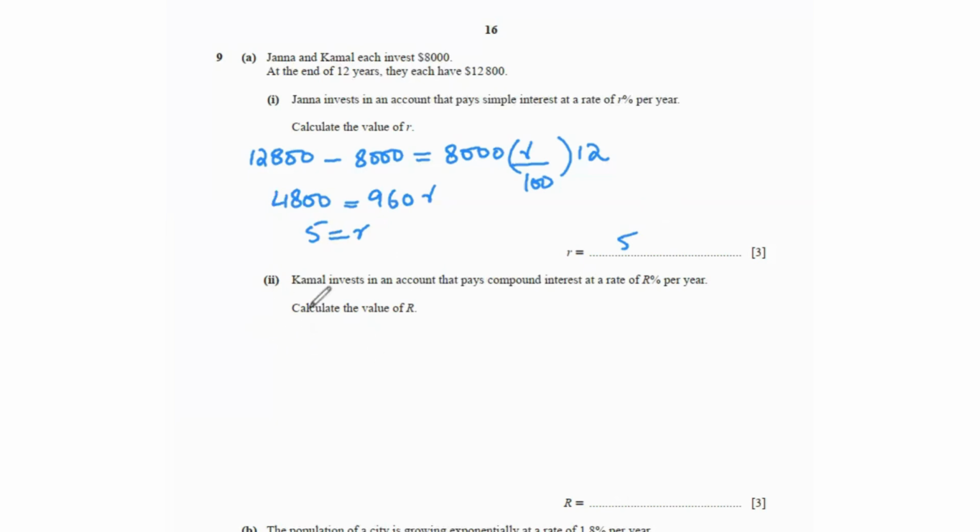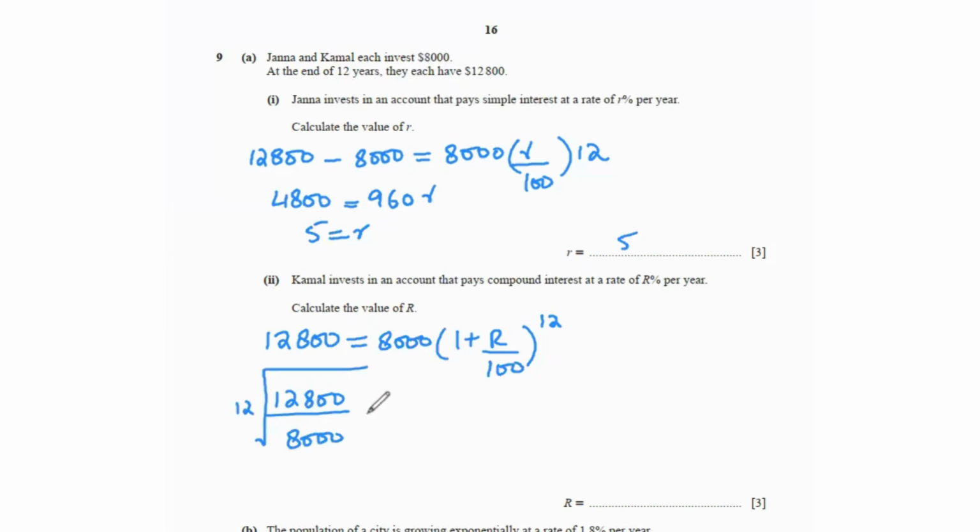So now it's compound interest. So final value, which is 12,800, equals 8,000 times (1 plus R over 100) to the power of 12. So we do 12,800 divided by 8,000. And then you find the 12th root of that.